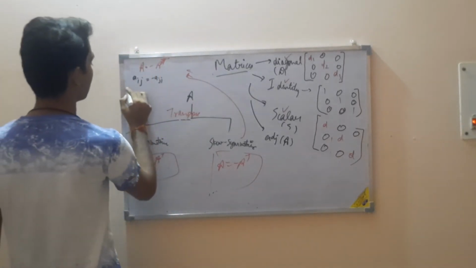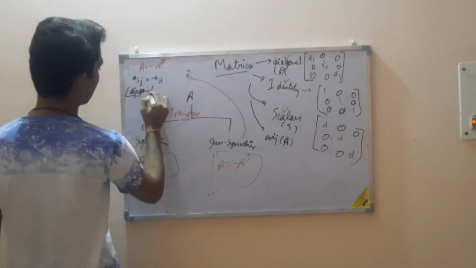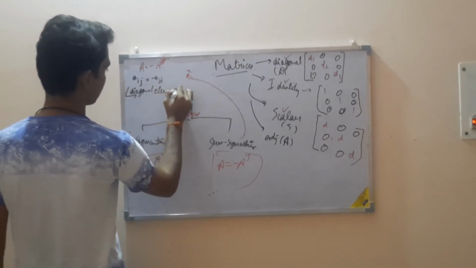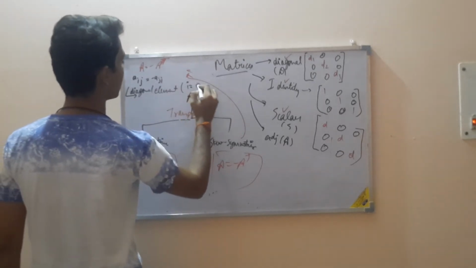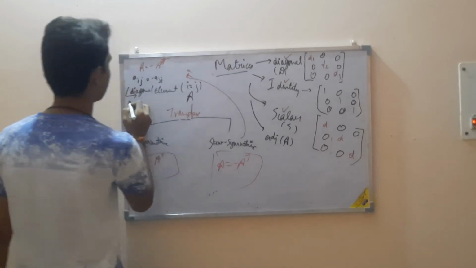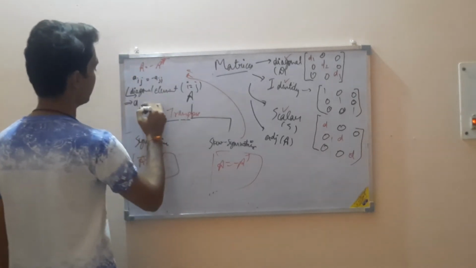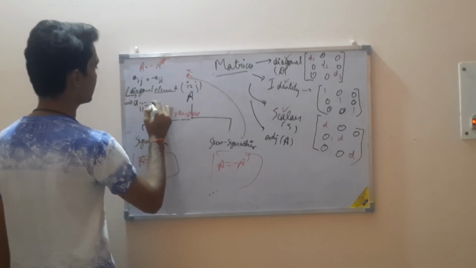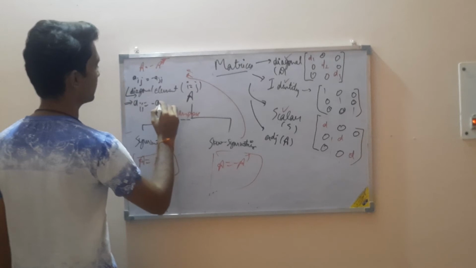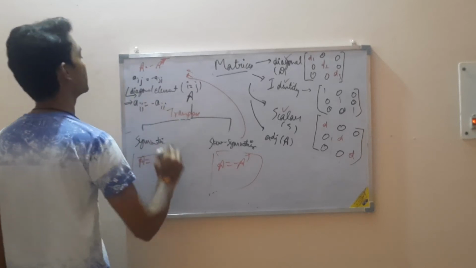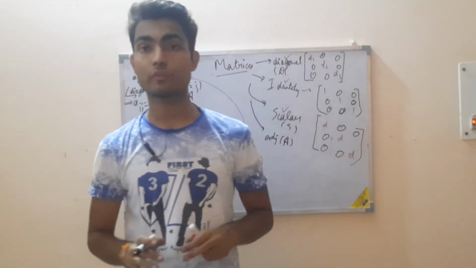So for a diagonal element, considering diagonal elements, this implies that Aii is equal to negative of Aii.